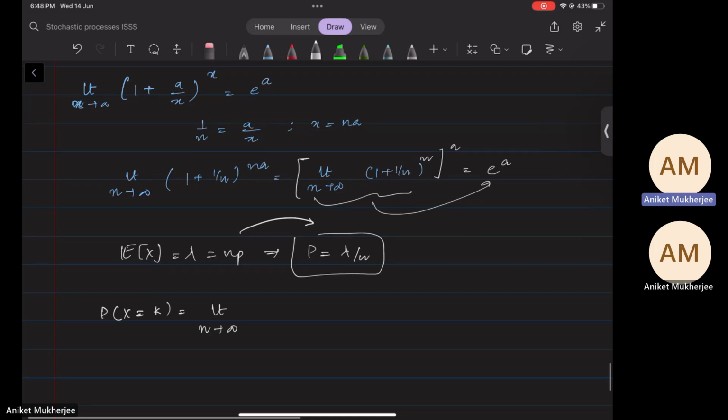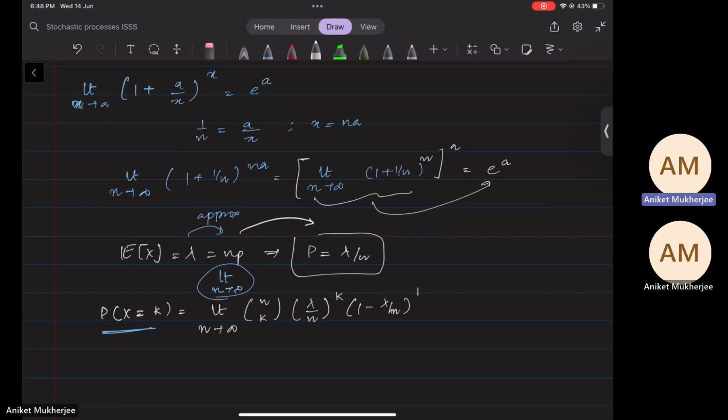This part is an approximation. You get to the original counting process if you take the limit n tends to infinity. So we're trying to find the distribution of the random variable, the number of cars that pass through the point. So you have n choose k, lambda by n whole power k, into 1 minus lambda by n whole power n minus k.